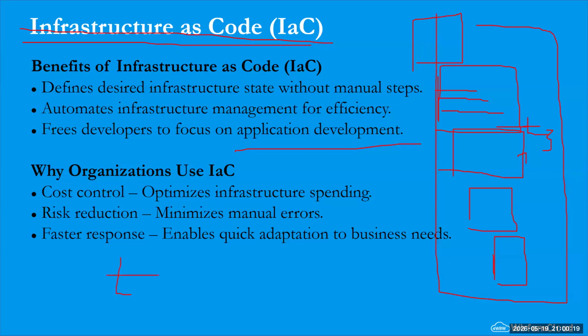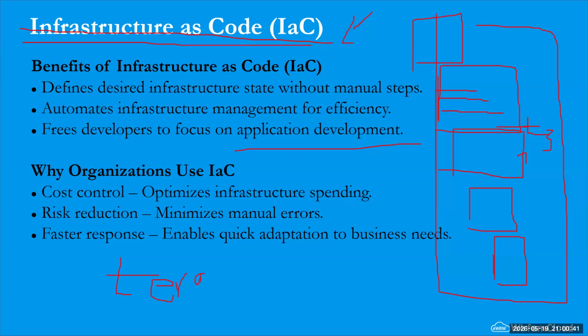Terraform is another way to do infrastructure as code. CloudFormation is another way to do infrastructure as code. But first of all, you need to understand what infrastructure as code is. Infrastructure as code, that is just IaC, it's self-explanatory.